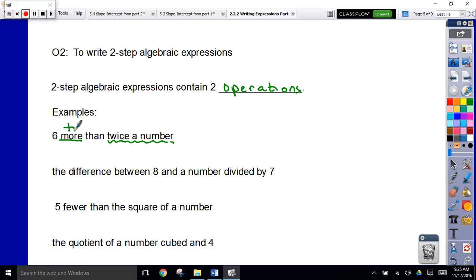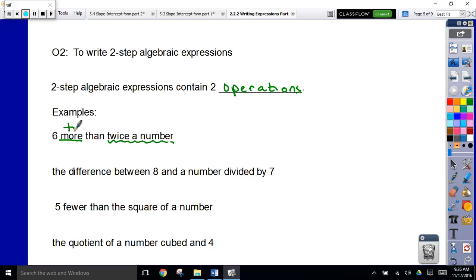Just focus on this part, twice a number. How would we write twice a number? 6 times 6. No, we don't know the number. What do we do to the number? Forget the 6 for a minute. How would we just write twice a number? Nick, wanna go? Square. Not squared. Cube.